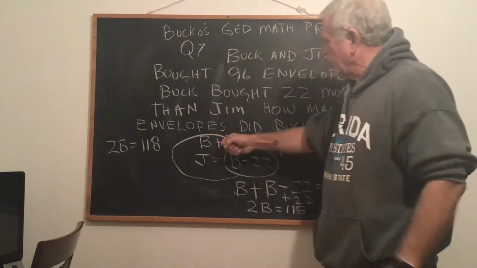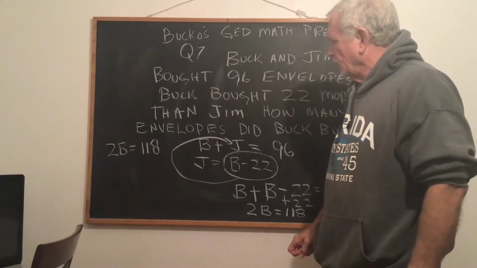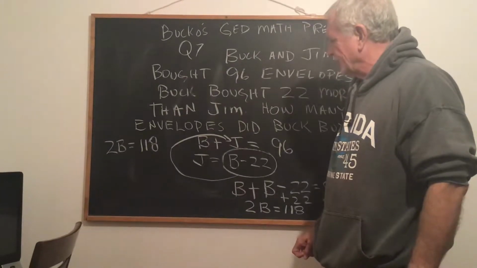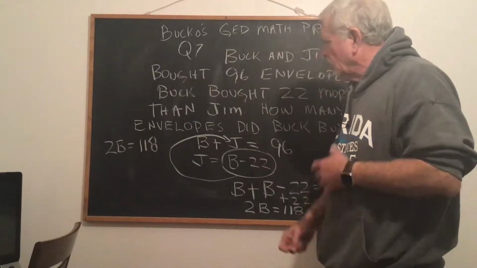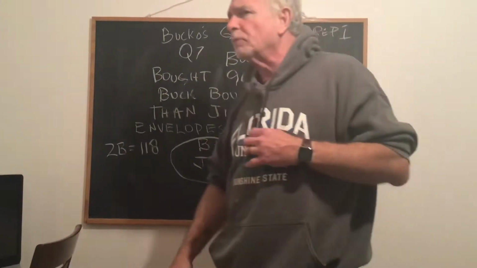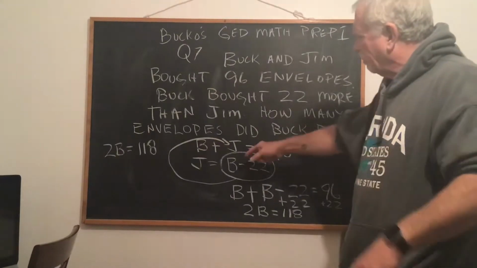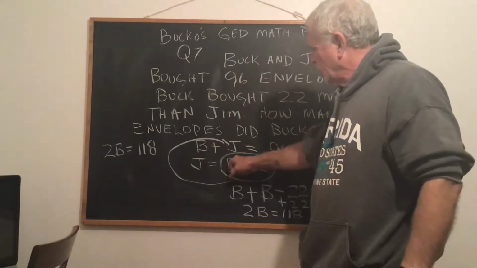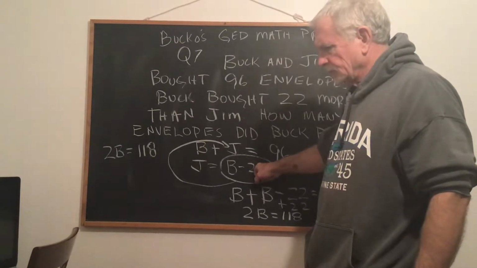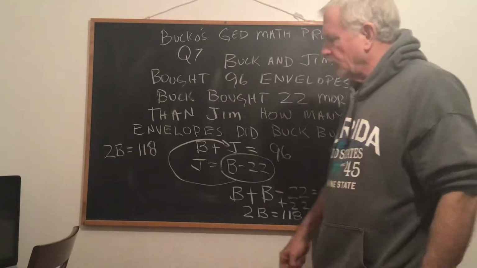So if we could say Jim in a different way, by replacing that with something with a B in it, we'd be good to go. If Buck bought 22 more than Jim, if you took Buck's value and subtracted 22 from it, it would equal the number that Jim bought.